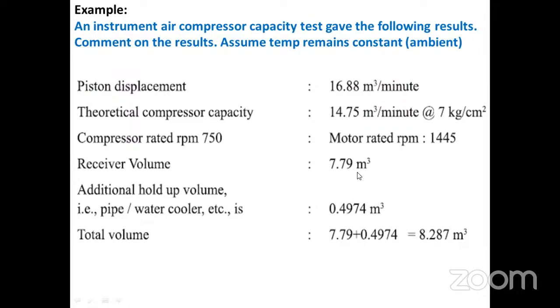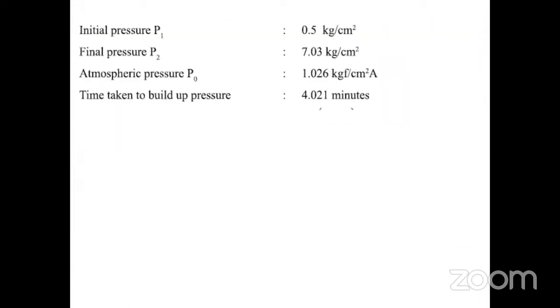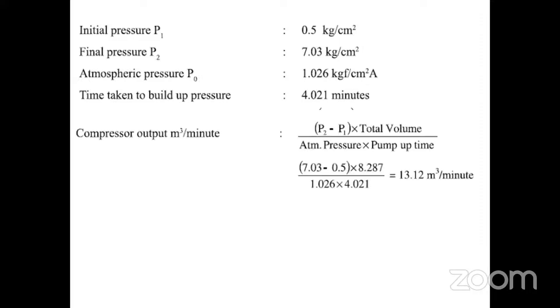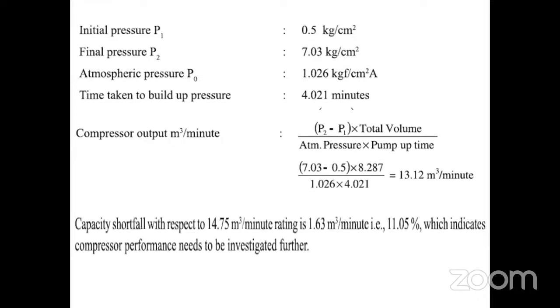It is not just the 7.79 receiver volume, so we need to calculate the total volume. Initial pressure 0.5, final pressure 7.03, atmospheric pressure 1.06026, time taken 4. Compressor output will be a direct application only, no complication at all, sir. Simple, everything is simple.